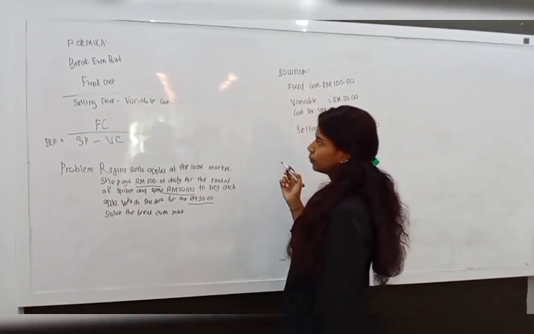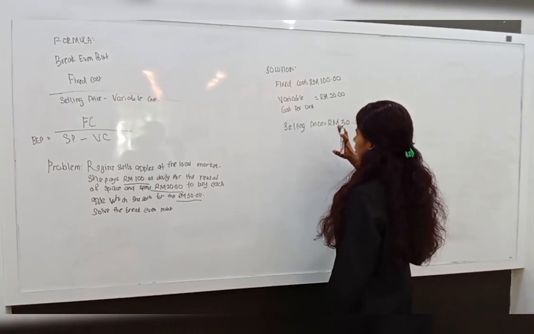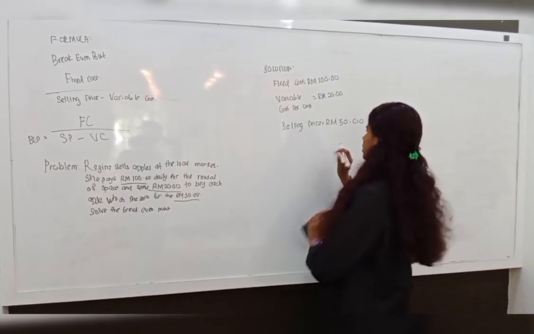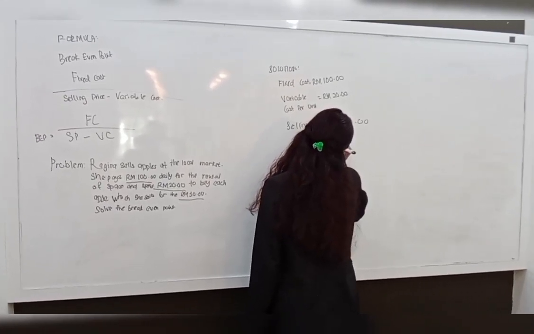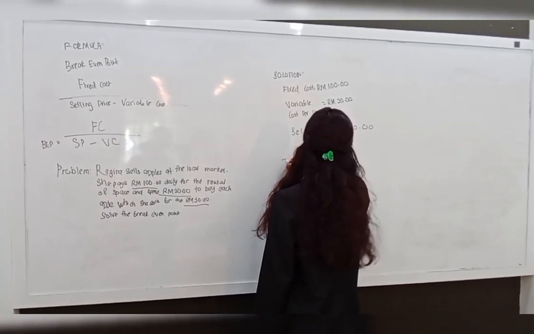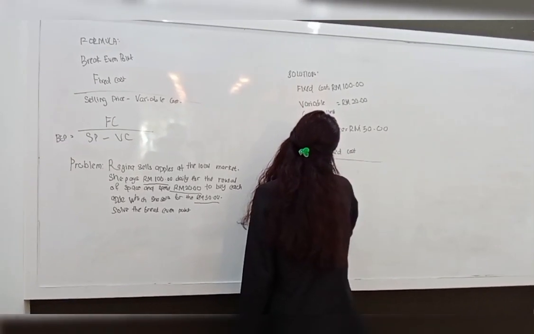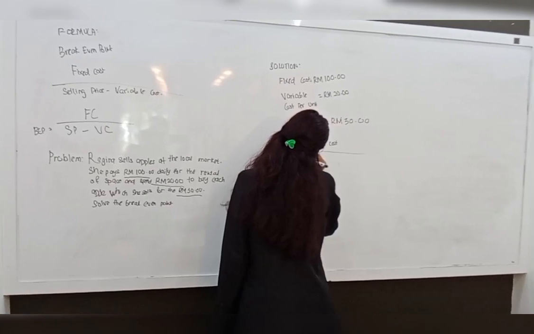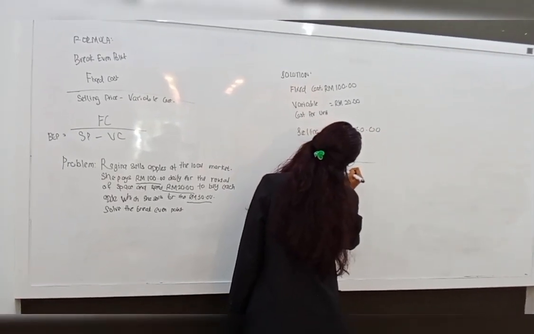Okay, so the formula to solve this question is fixed cost divided by selling price minus variable cost.